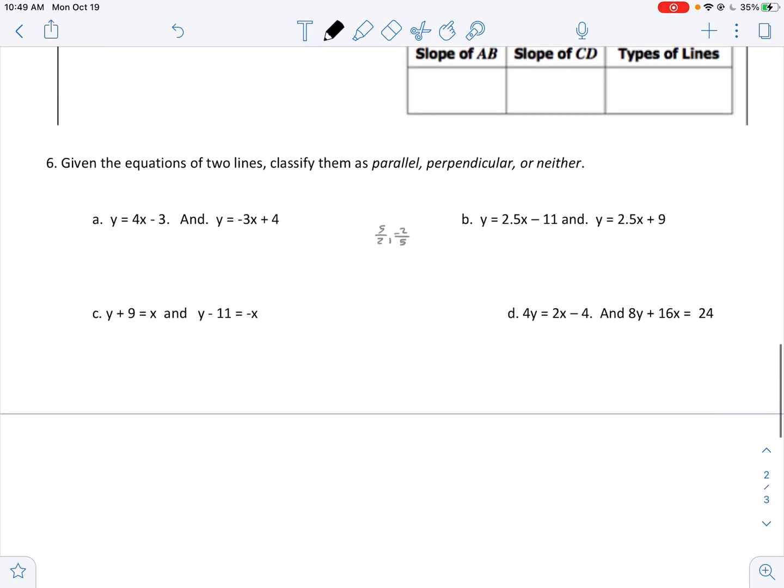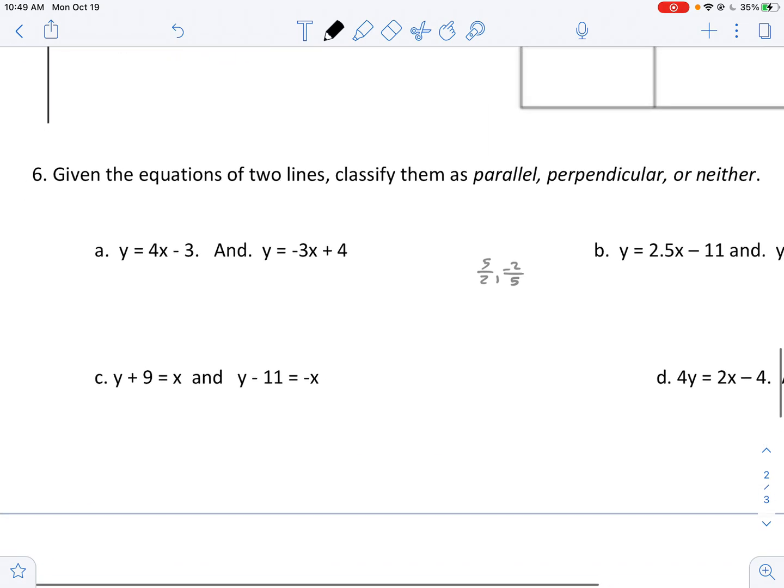All right, and our last problem type here, given the equations, we're going to find if these are parallel, perpendicular, or neither. So remember, parallel is the same number, perpendicular is opposite reciprocal, and neither would just be neither one of those two.